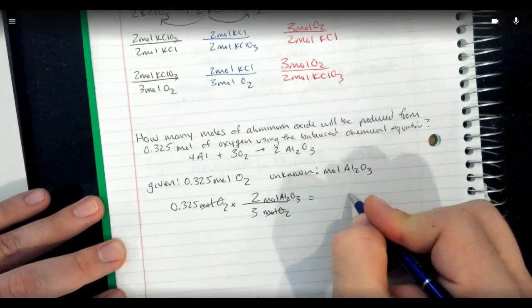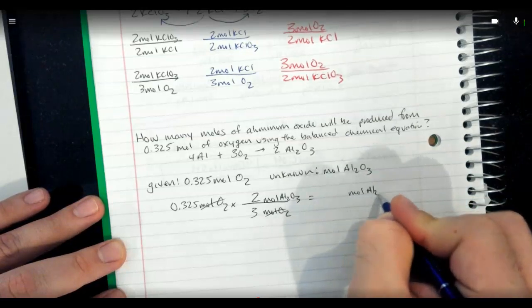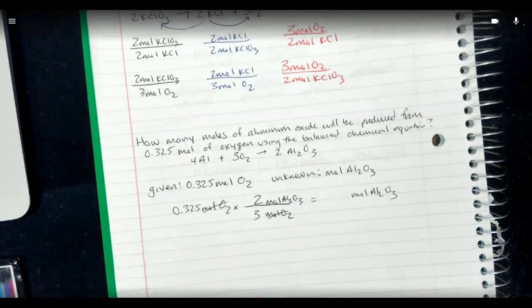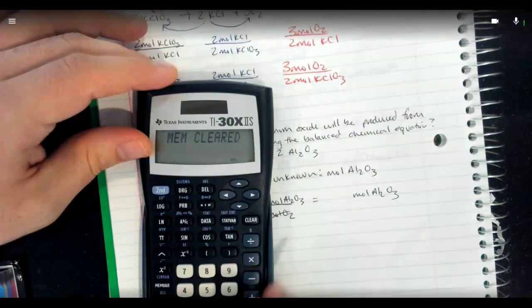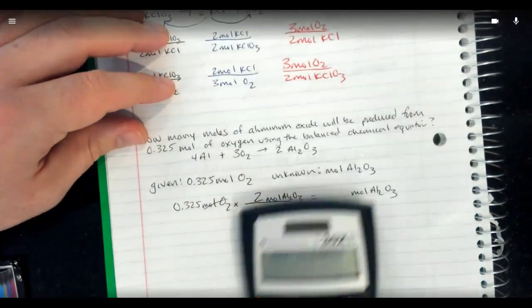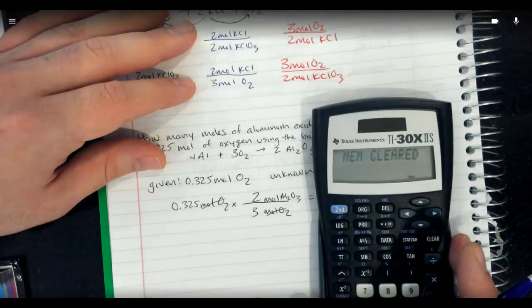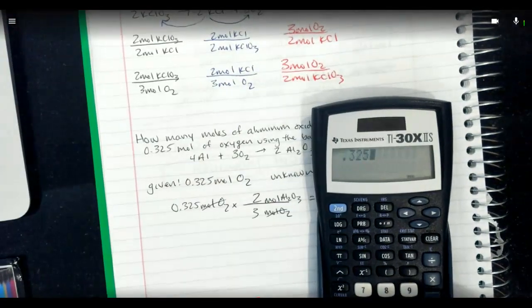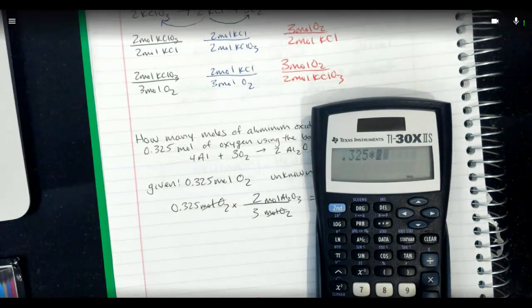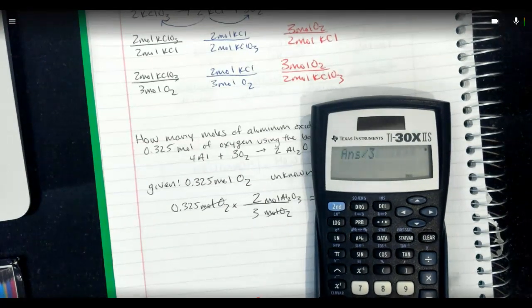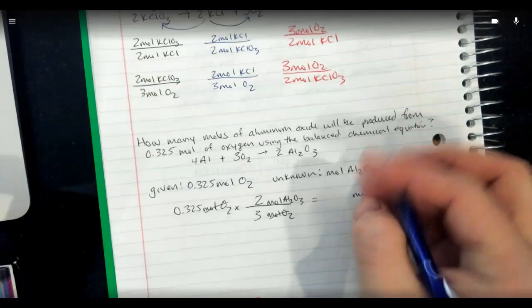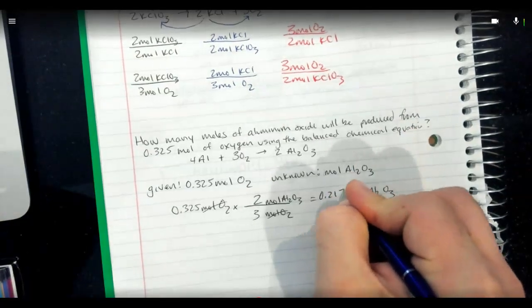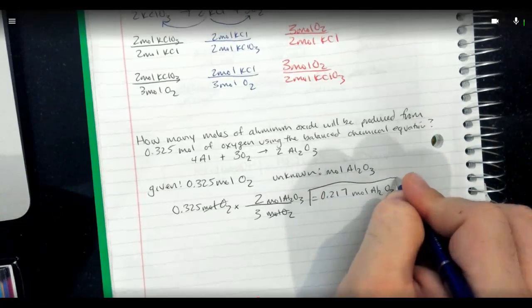We're left with moles of Al2O3. So let's type this into the calculator. We've got, here you can see this, 0.325 times 2 divided by 3. So 0.217 moles of aluminum oxide.